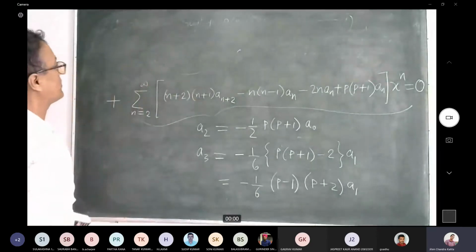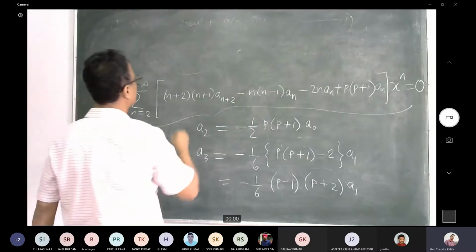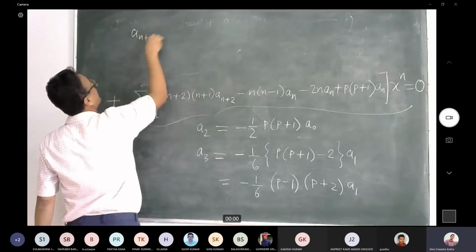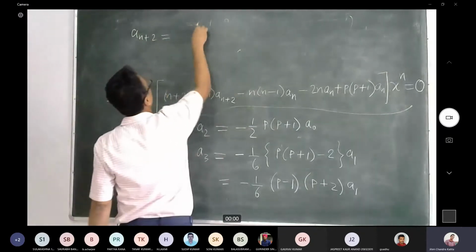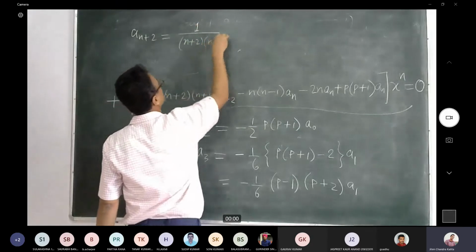So from here, as before, what I'm going to get is a n plus 2 equals 1 by n plus 2 into n plus 1.